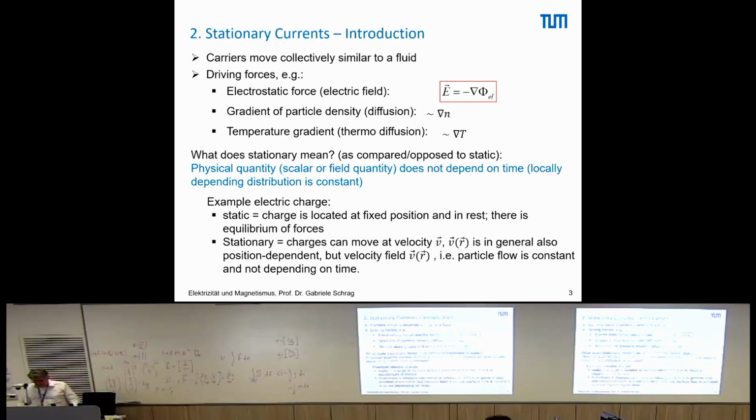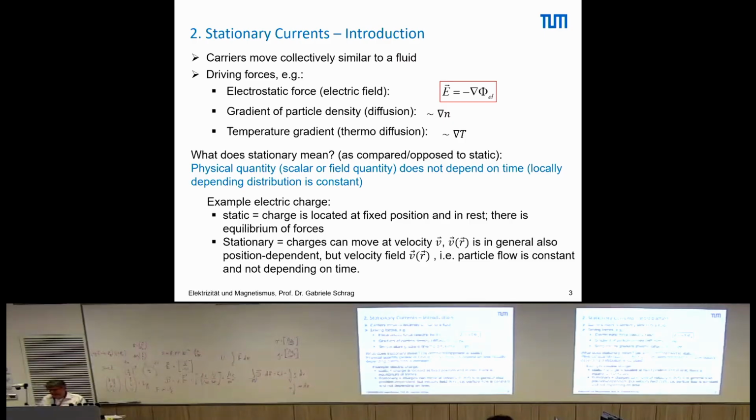What does stationary mean as opposed to static? That means that your physical quantity does not depend on time. So, independent of whether you have a scalar or a field quantity, it has no variation in time, and that means it is locally constant, at least.